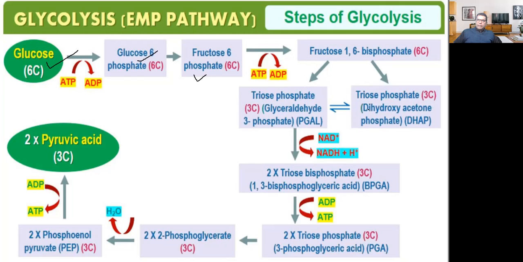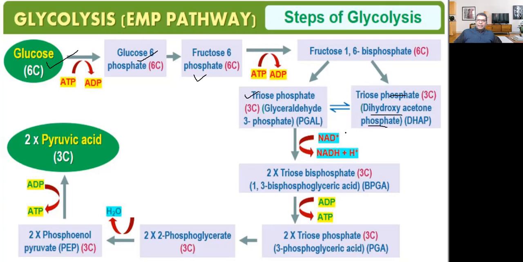They are triose, meaning they contain 3 carbon, and they have phosphate. So one is PGAL, and another is DHAP. Both are triose phosphates, and they are interchangeable. DHAP stands for dihydroxyacetone phosphate.